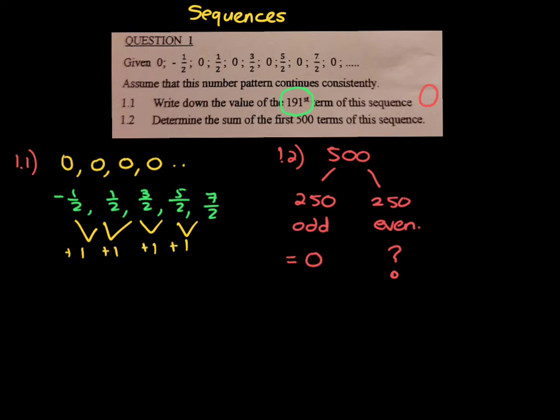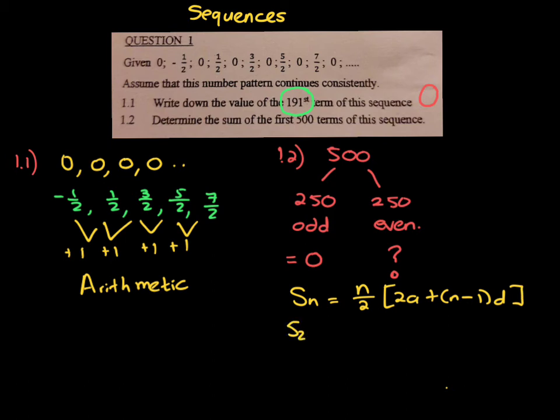So we're going to use the SN formula for the sum of an arithmetic sequence. This is an arithmetic sequence, and the sum formula for an arithmetic sequence is Sn equals n over 2 times 2a plus n minus 1 times d.